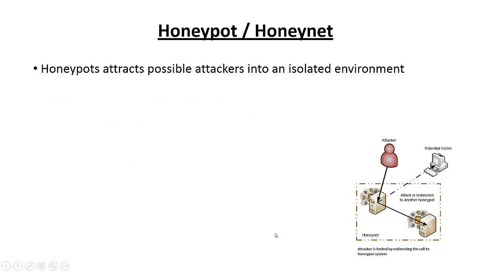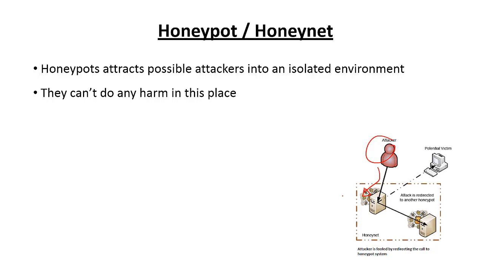Honeypot, honeynet. Honeypots attract possible attackers into an isolated environment. So this is your attacker and it's a potential victim, and what they don't know is they've actually been fooled into redirecting into this honeynet system. They can't do any harm in this place, and what you can do is, this is a pair of binoculars, I know it's absolutely dreadful, isn't it?